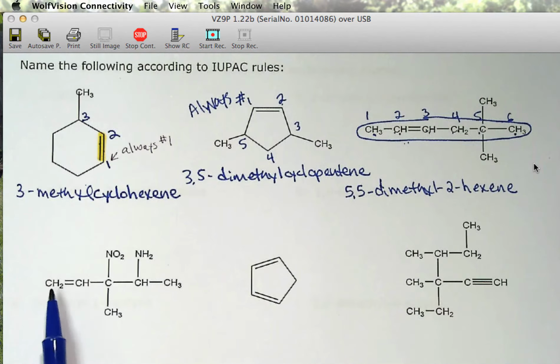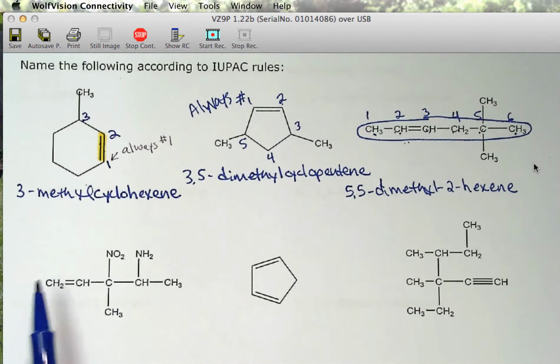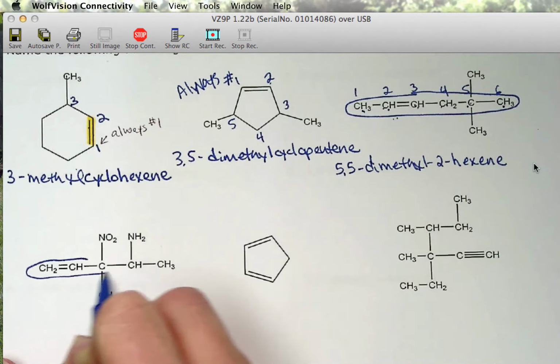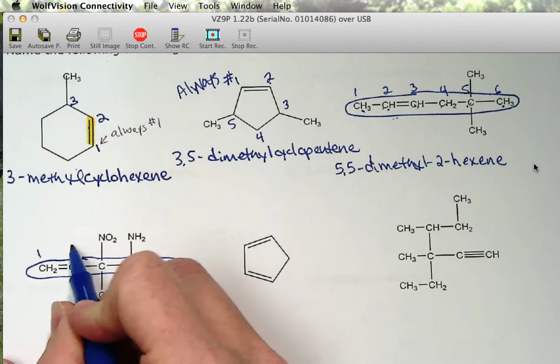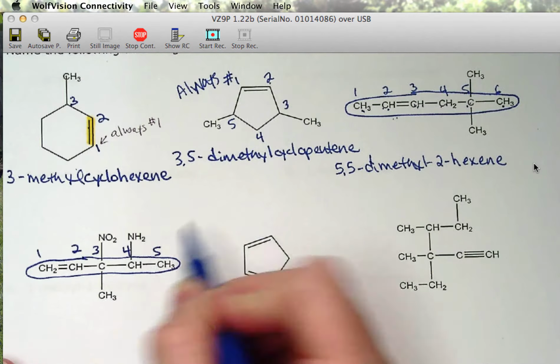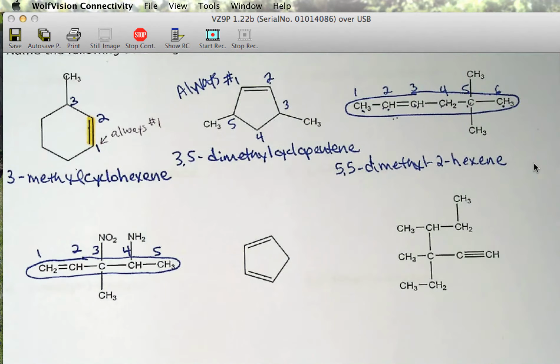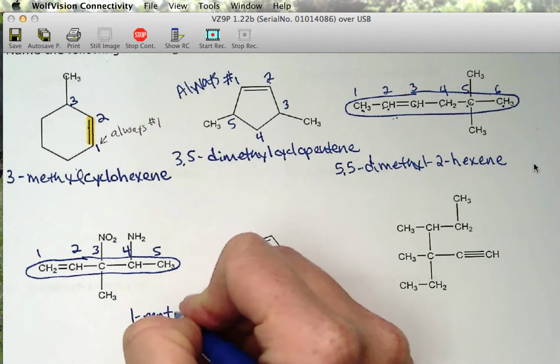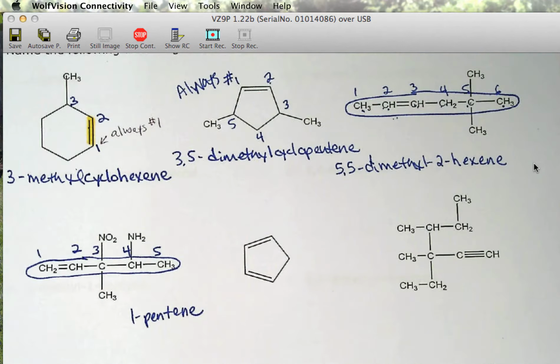And in this structure, what's the longest continuous chain of carbons that contains your double bond? 5. You number left to right. So your parent is going to be called 1-pentene. That double bond could be between carbons 2 and 3 or carbons 1 and 2, so I still have to say 1-pentene.